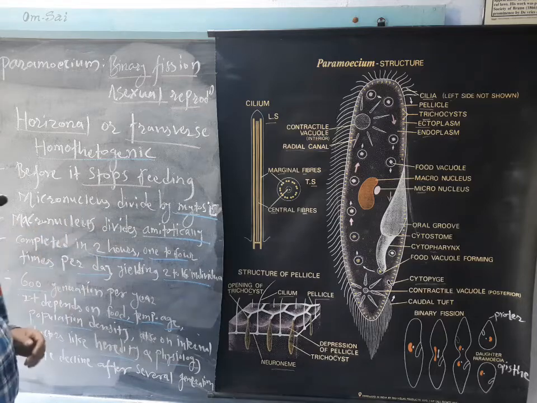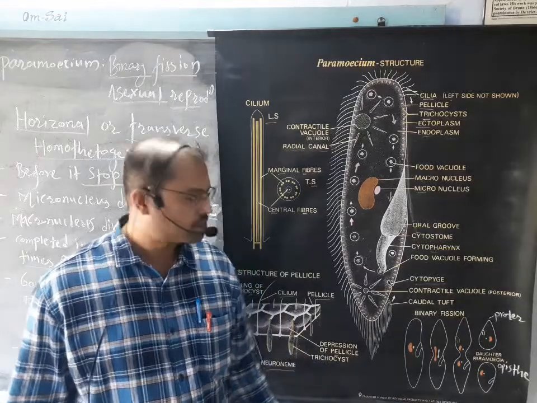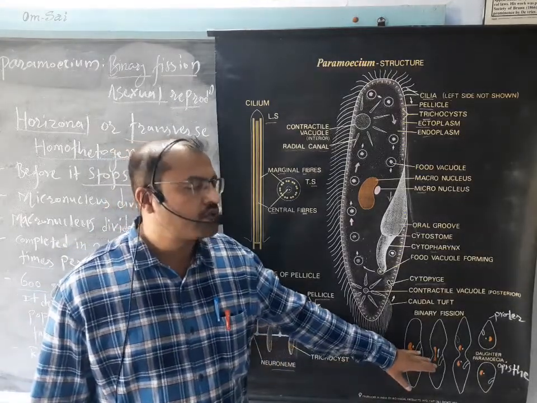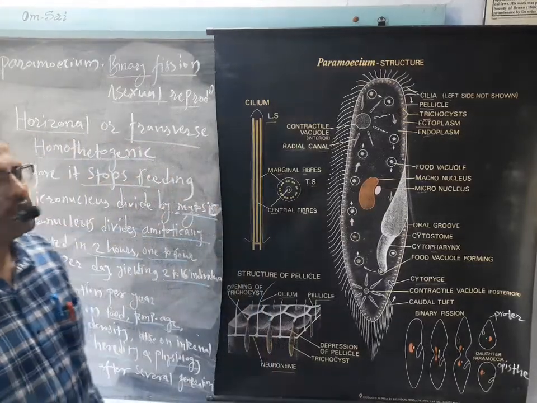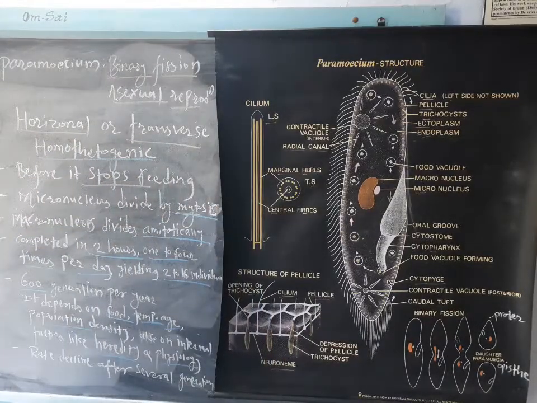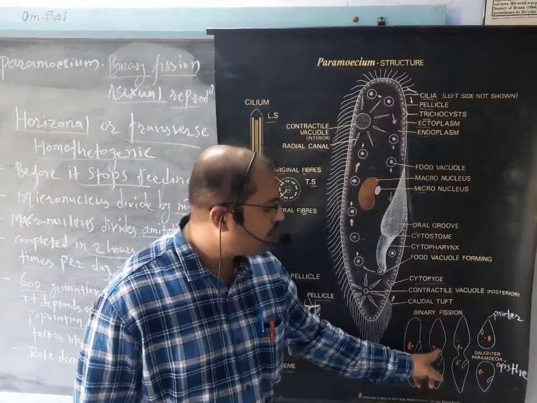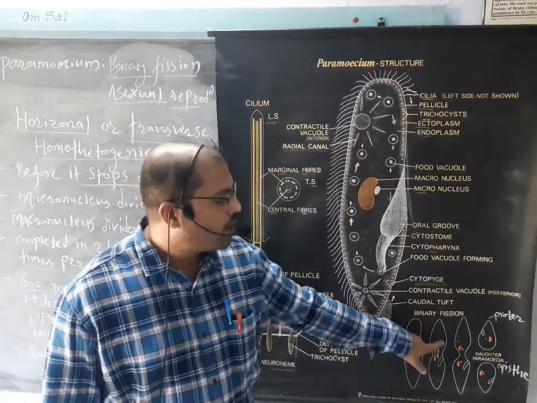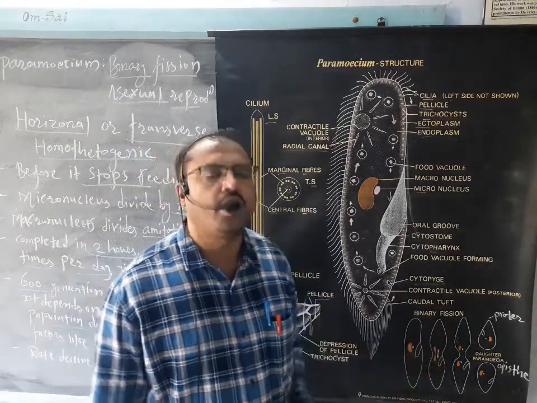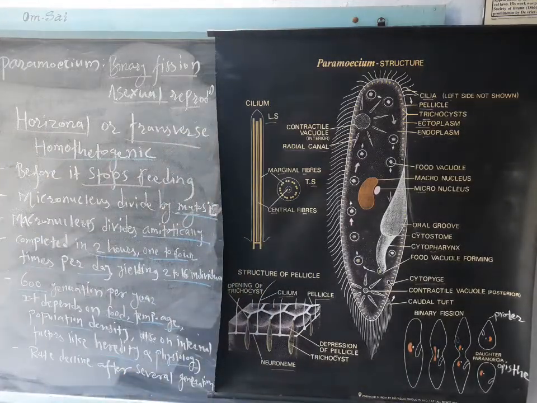But in the micronucleus, mitotic division occurs and the chromosome number remains as it is. So the micronucleus carries out mitosis, and the same number of chromosomes is regained by the two daughter paramecia. Now the constriction starts.